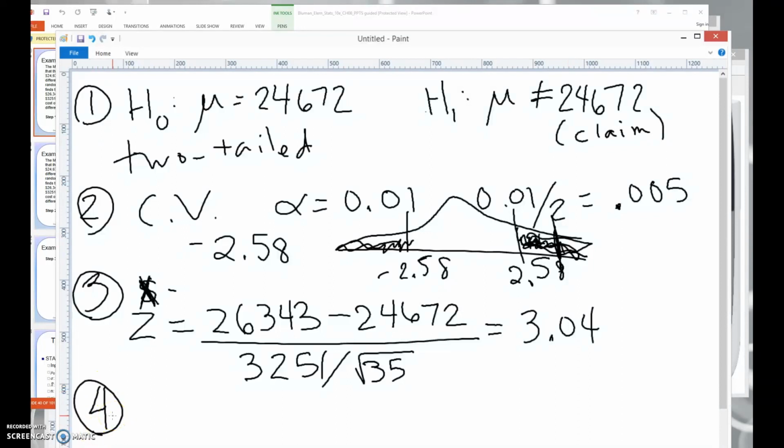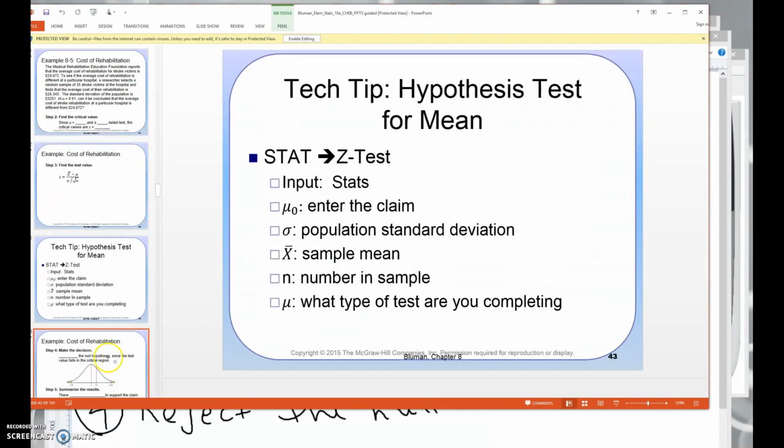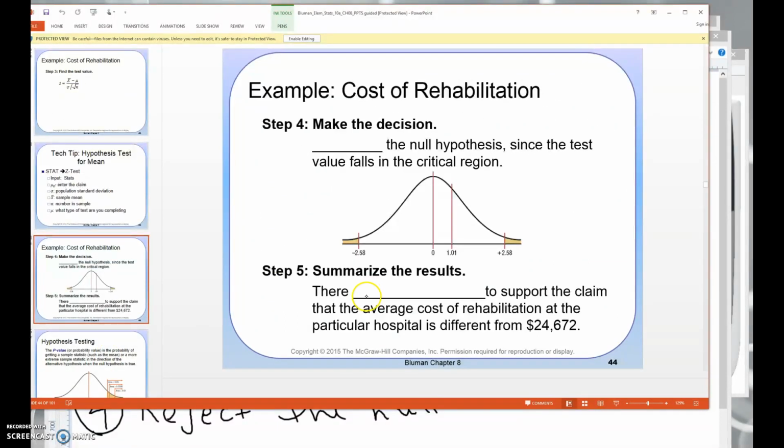Because it falls in our critical region, we can now say that we can reject the null. Therefore, the summary states that there is enough evidence to support the claim.